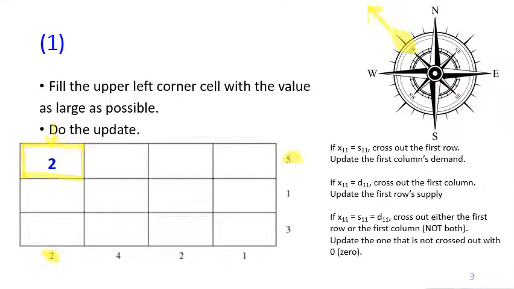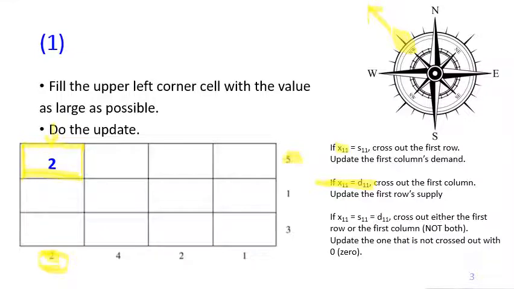Now we're going to do the update. Let's say this is the cell 1,1, so our x11 equals 2, and now we check if x11 equals the supply. Is it equal? In this case, no. So this is our case: x11 exactly equals d1. So what we fill in the cell is exactly the same as the demand of that demand point.